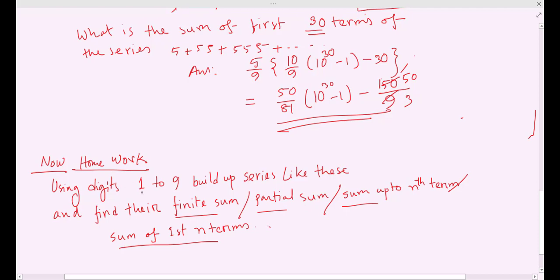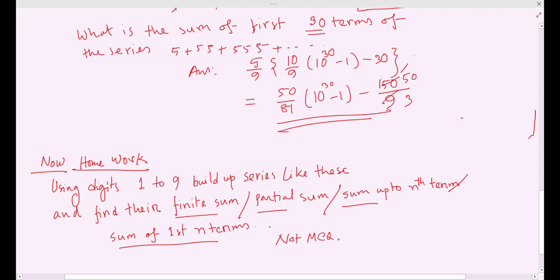You have to build up the series like 1 plus 11 plus 111 and so on, or using 2, you build up 2 plus 22 plus 222 and so on. For 3, you will build up the same kind of series, and then you have to find the partial sums of the series. In which method? Not the MCQ method that I have told you.